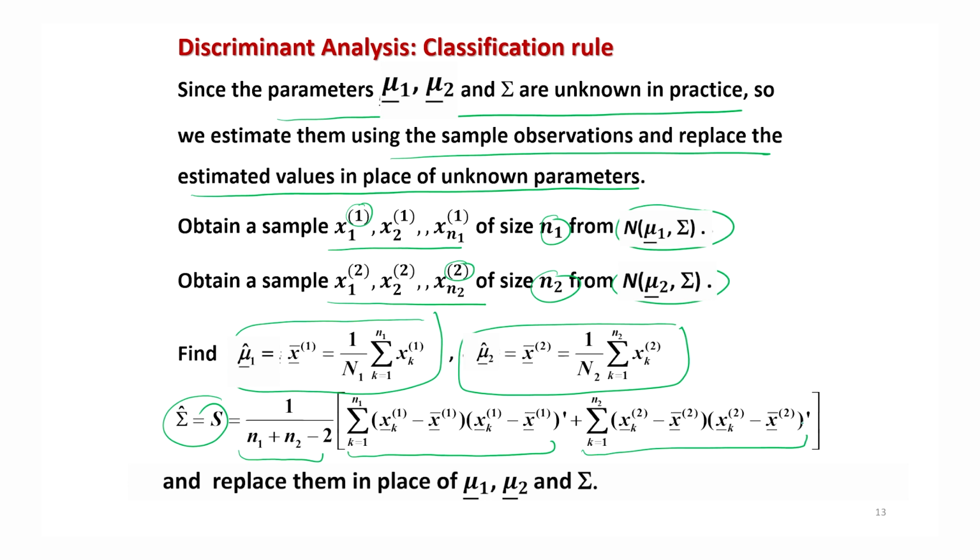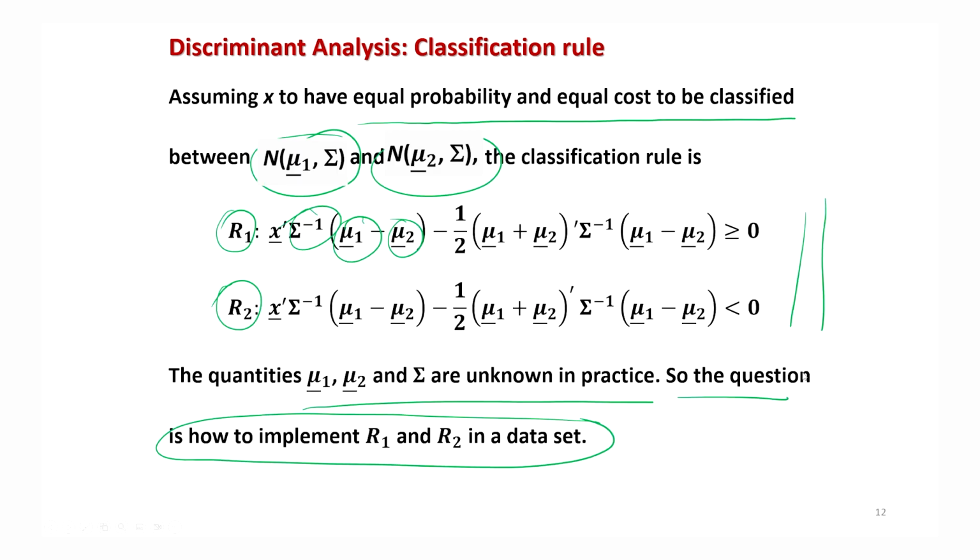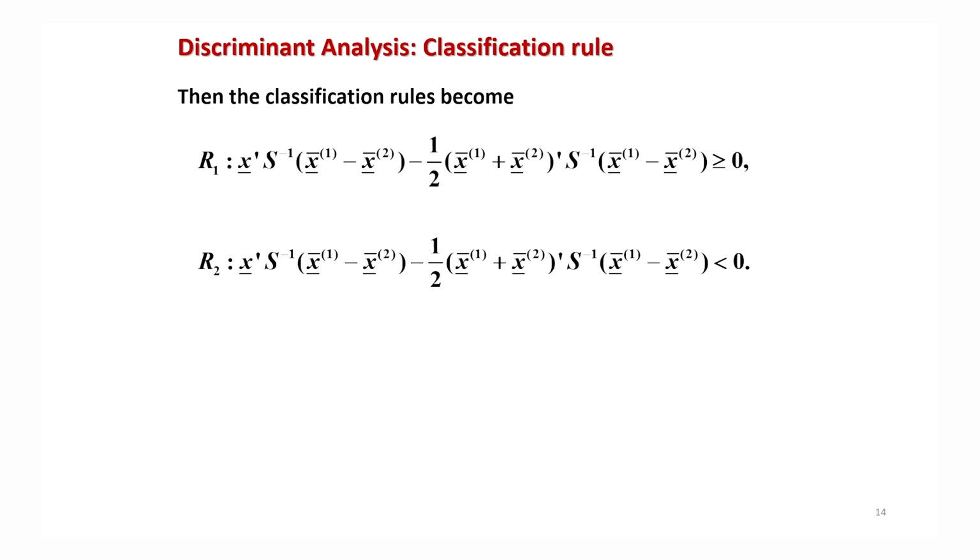And we replace mu1, mu2 and sigma by mu1 hat, mu2 hat and sigma hat, and so on in the regions R1 and R2, and we obtain it like this.